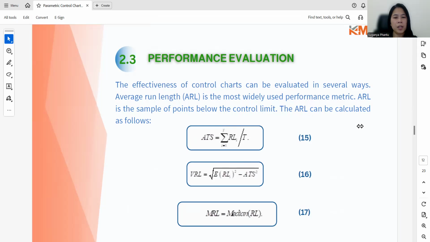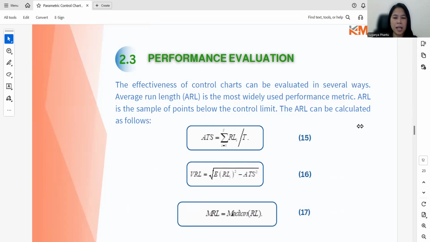The performance of control charts is evaluated using three main indicators: ATS, VRL, and MIL. ATS means average time to signal. A lower ATS indicates faster detection of a process shift. VRL represents the variability of the run length.